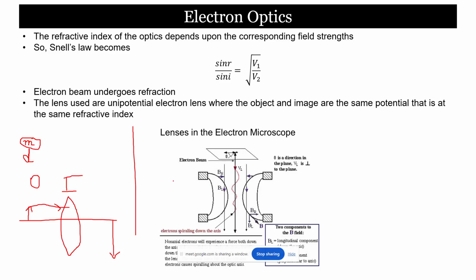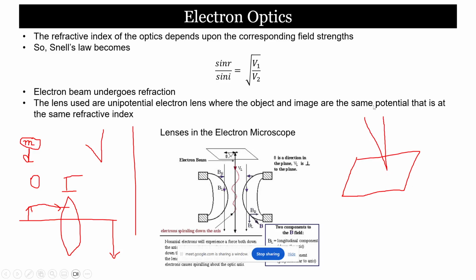Here the ray diagram in the SEM is used only for the probe. Like we have a specimen and a probe falls on the specimen along the vertical direction, and our main aim is to converge this probe onto the specimen.